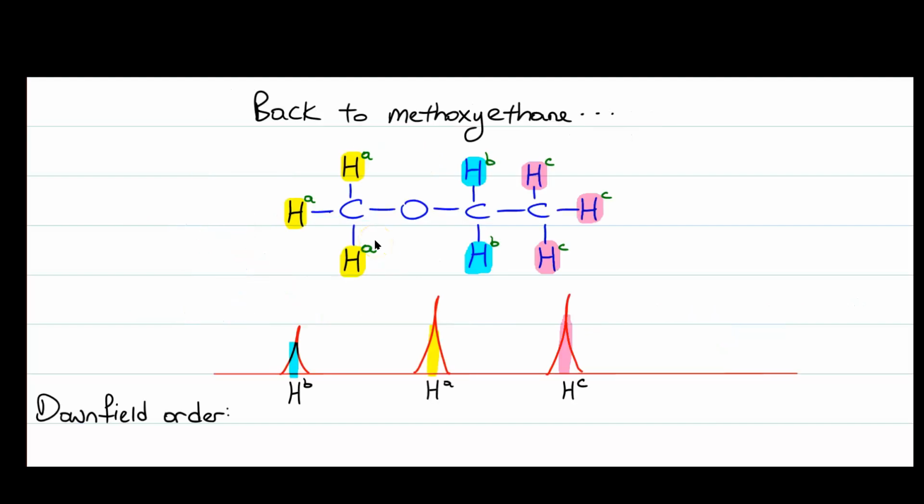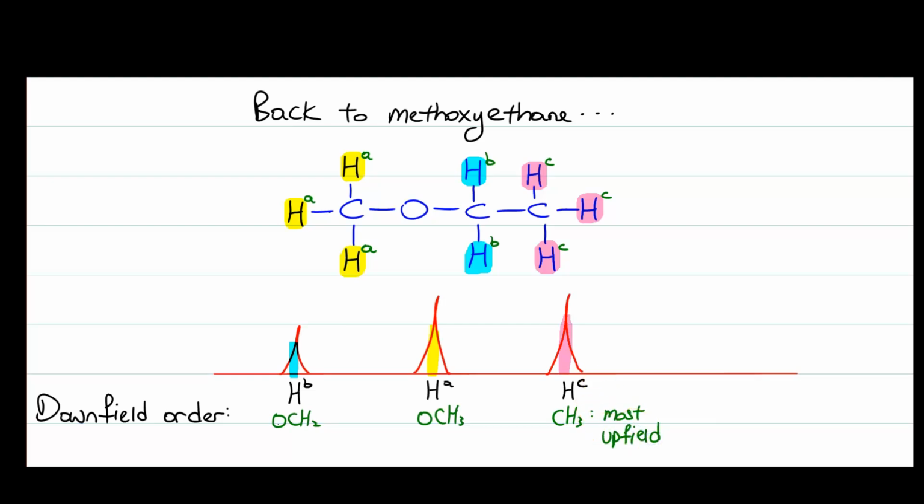Let's revisit methoxyethane again. There are 3 proton environments here. The OCH3 group, the OCH2 group, and the CH3 group. The terminal CH3 is furthest from the oxygen, so it is the most upfield.